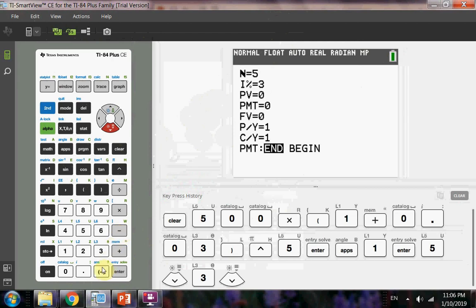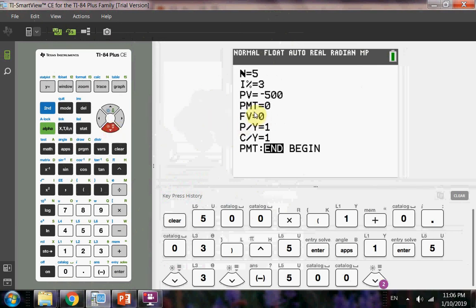Be careful, you have a subtraction sign, a minus sign here, and also a negative sign here. Make sure you put the negative sign instead of the minus sign. If you put a subtraction, that's going to be an error. Negative 500. You scroll down, payment is 0, and then you solve for future value.